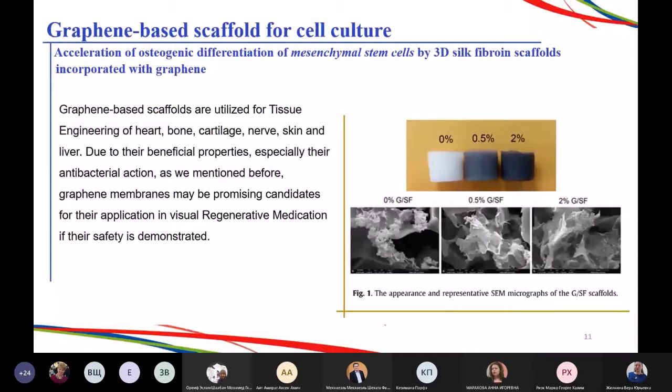Graphene-based scaffolds are utilized for tissue engineering of heart, bone, cartilage, nerve, skin, and liver due to their beneficial properties, especially their antibacterial action. As we mentioned before, graphene membranes may be promising candidates for application in visual regenerative medication.